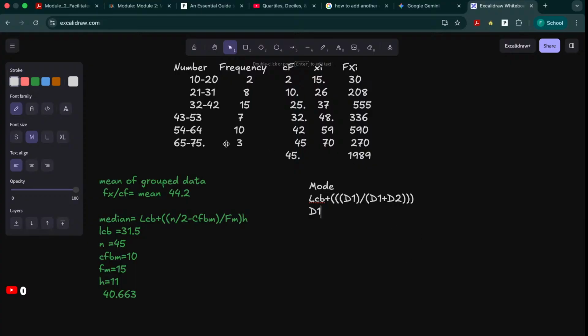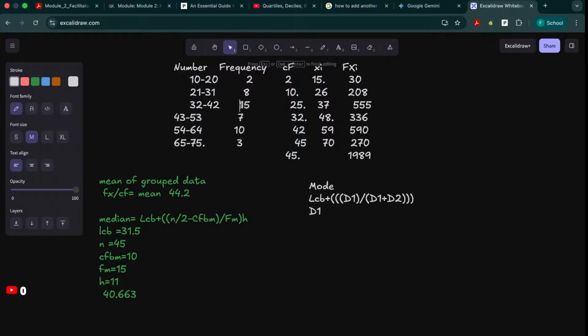So we came here and this is the class with the highest frequency. It's 15. But to do delta 1, we do 15 minus the above frequency.